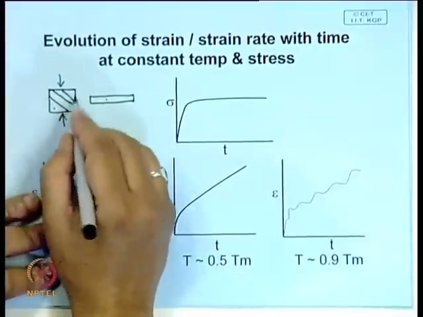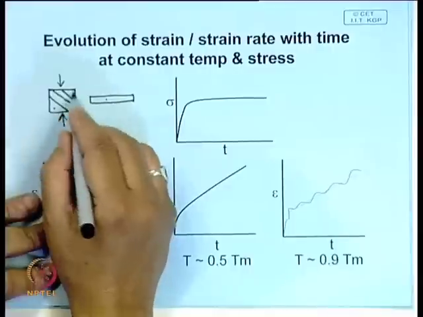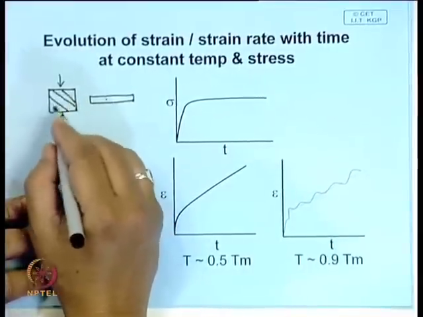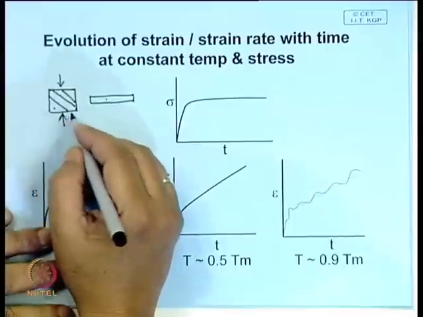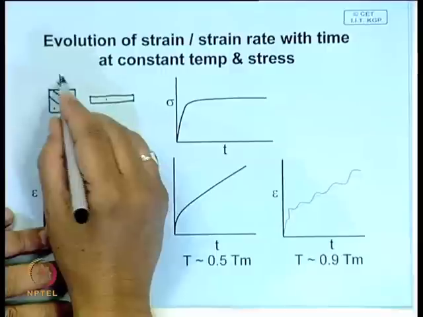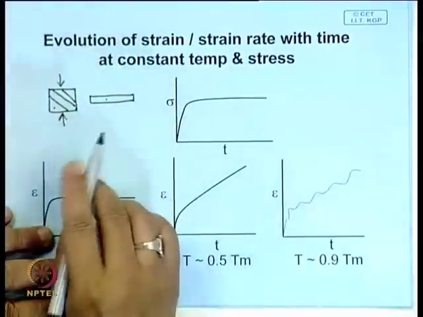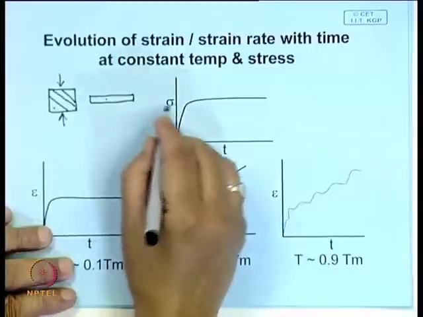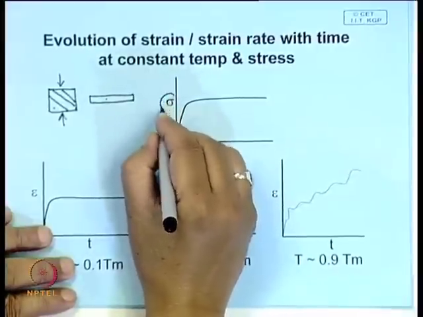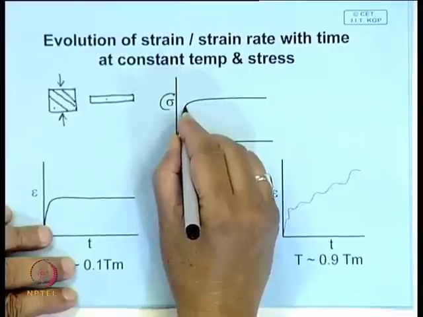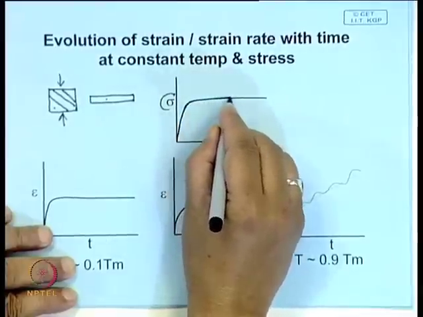And since it is a polycrystalline material, you have different grains, each grain will have a specific slip system, and they will be differently oriented with respect to this axis. So, it is indeed a very complicated process, but nevertheless if we measure the stress, we may find that with time the stress the material can withstand varies like this.